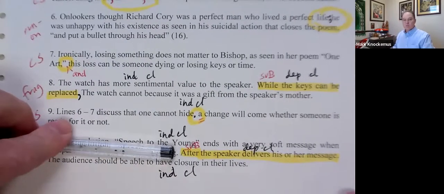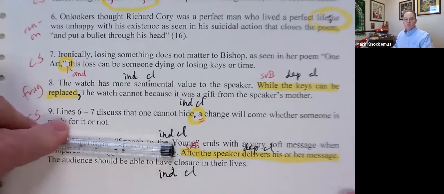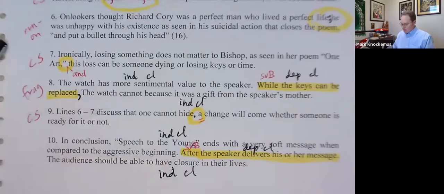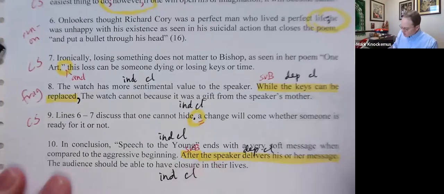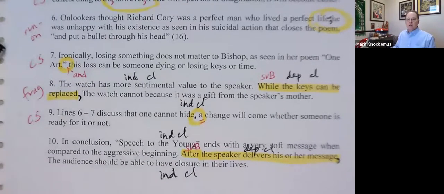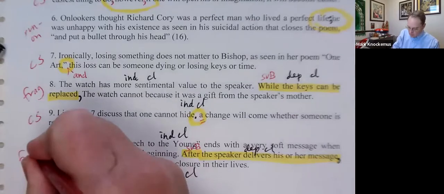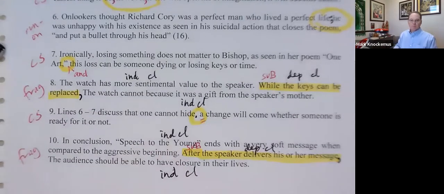After the speaker delivers his or her message, the audience should be able to have closure. There it is. So now we're just going to start with "after" and use a comma after "message." So that was another fragment.